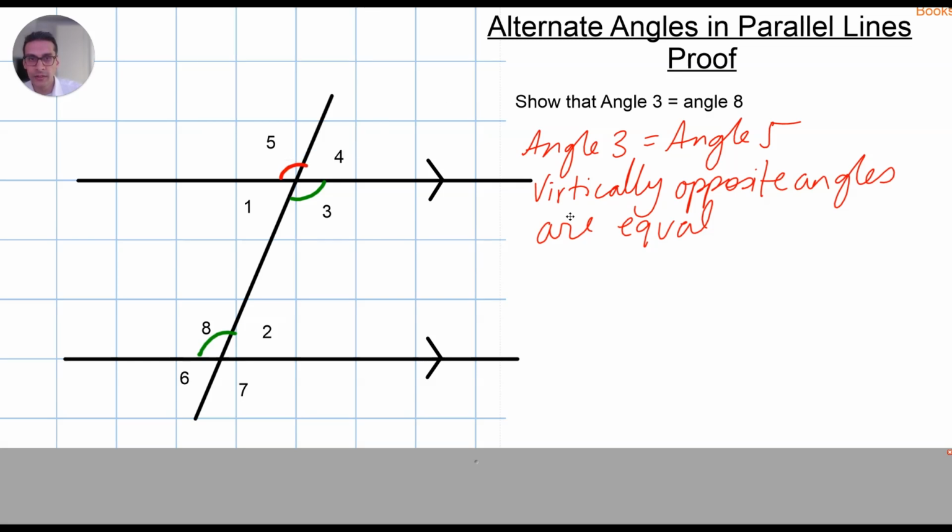And then the next thing we can say is angle 5 is equal to angle 8. So you can see this angle here is equal to that angle there.